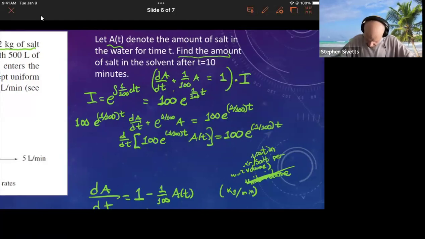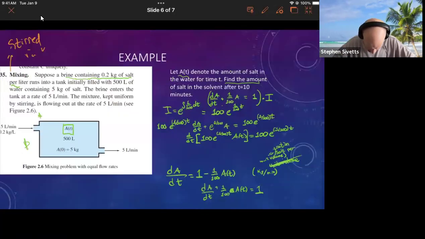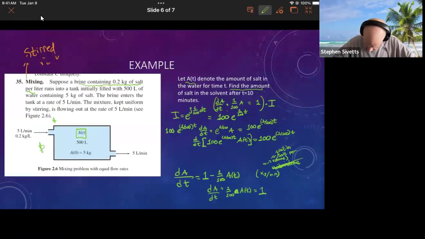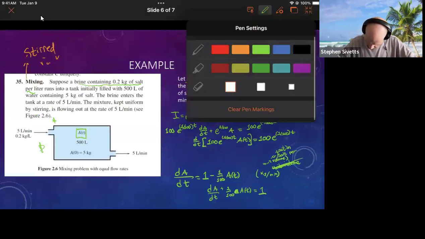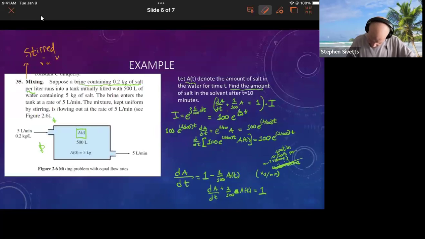And then let me erase this piece right here.